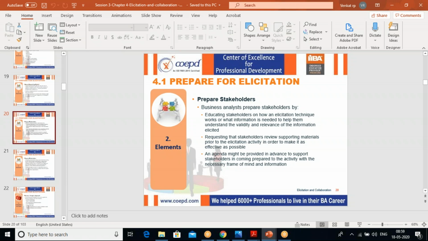And how to prepare the stakeholders? First of all, educate the stakeholders on what elicitation techniques there are, and how to play that particular game. Okay. So let me say we have some rules to follow in elicitation techniques. If you are doing a brainstorming, then we have rules and regulations. In brainstorming, if one person is giving one idea, others have to stay calm, listen to it, and see if they can get any other ideas based on that idea.